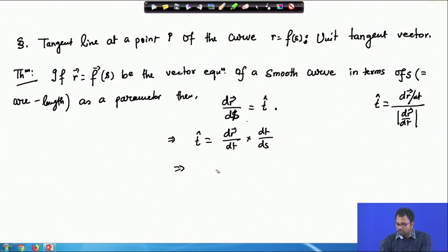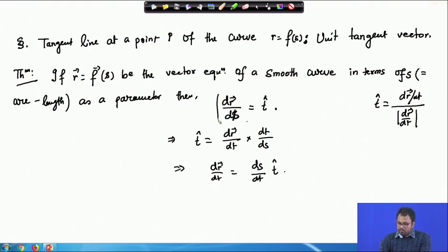So, basically dr/dt is actually ds/dt times the unit tangent vector. All right. So, this is another result. That means our dr/dt, the original tangent vector, which was not a unit vector, can be given by ds/dt, the differentiation of the arc length s with respect to t, times the unit tangent vector.